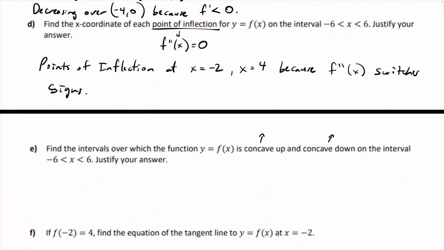So when the second derivative is positive, that's concave up. When the second derivative is negative, that's concave down. Those are going to be our justifications, and they will help us find what we need to find.